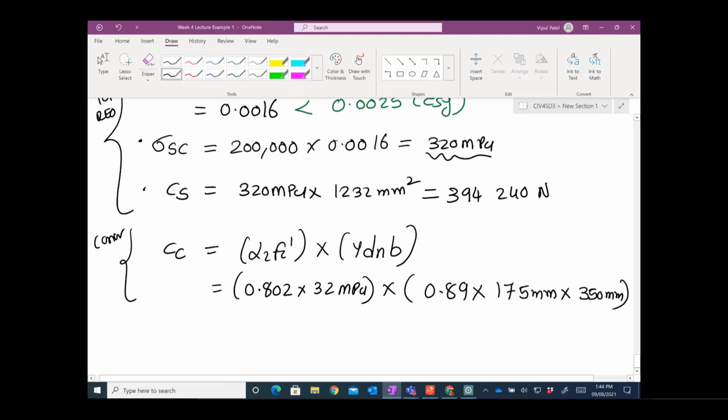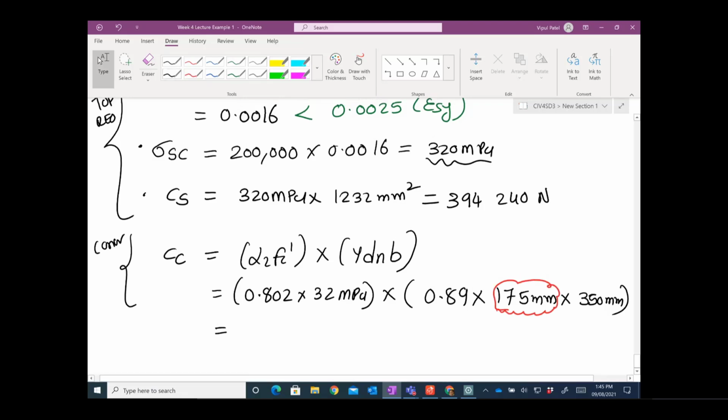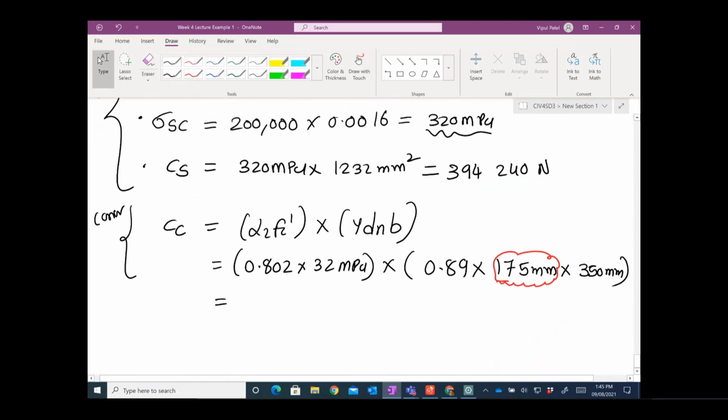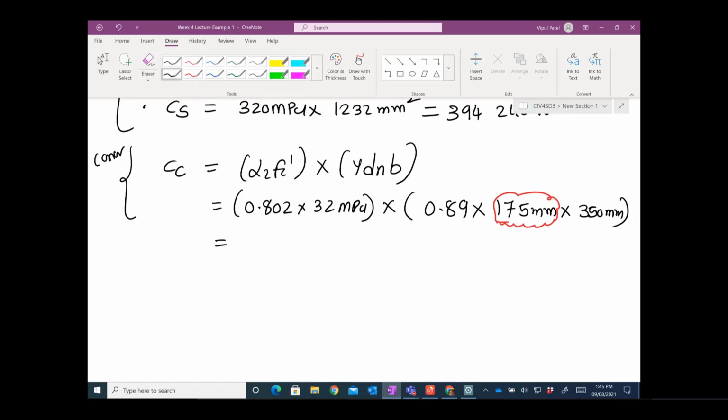And b is 350 millimeters. So we got 175. Please note, this is the only difference. All the time we just need to target Dn. All other values are the same. There is not much difference between the other values. So if you change those, your values are changing.